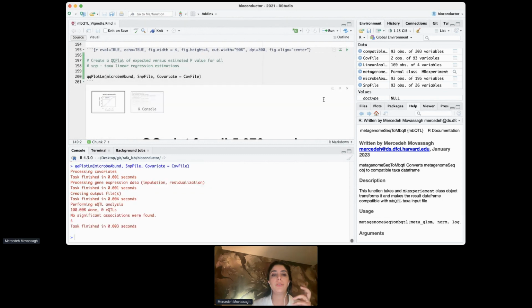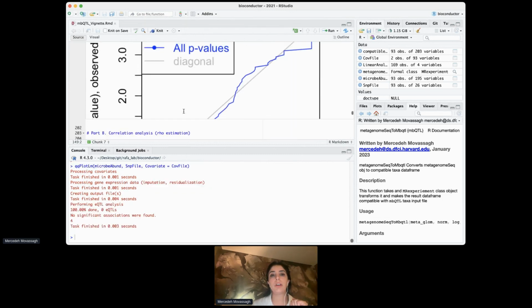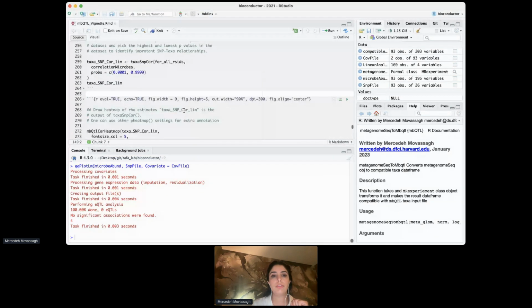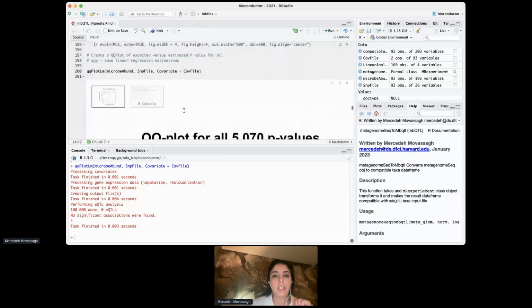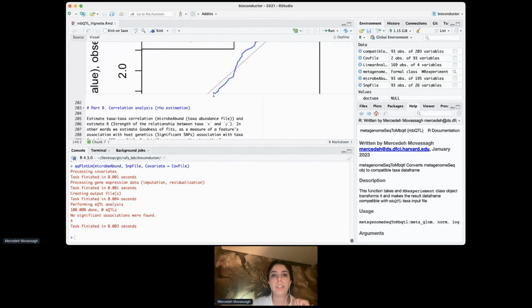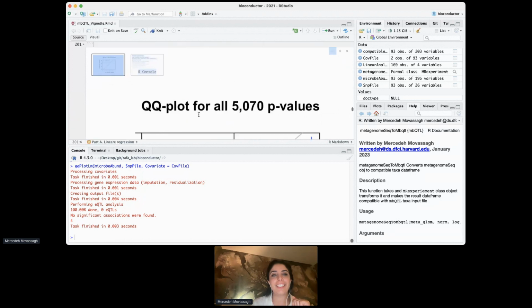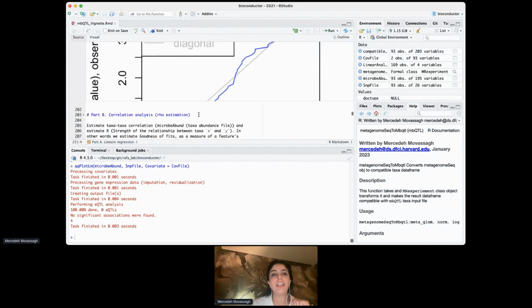You can create QQ plots, where it's expected versus observed p-value. And well, you could go to the video and look at this, but I can't really quite make it bigger.